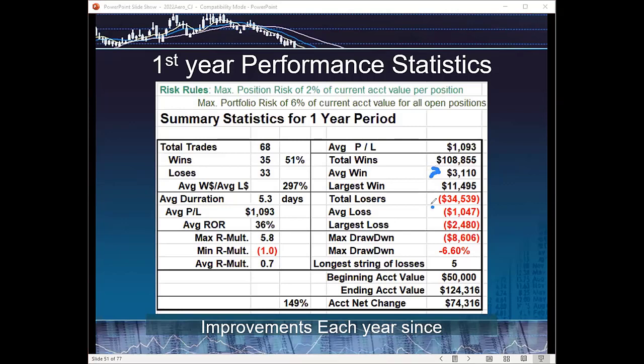The average loser was $1,000. So already you kind of see a 3-to-1 ratio there. The biggest string of losers was 5 losers in a row, and the maximum drawdown was 6.6%. That year I started with a $50,000 account and ended with $124,000. That was the worst year of this trading method, and I never risked more than 2% with any one trade.